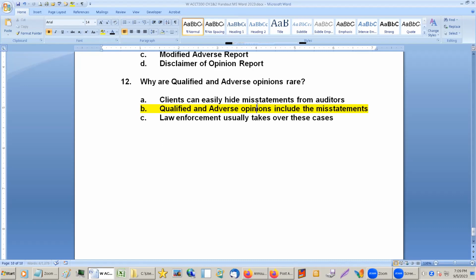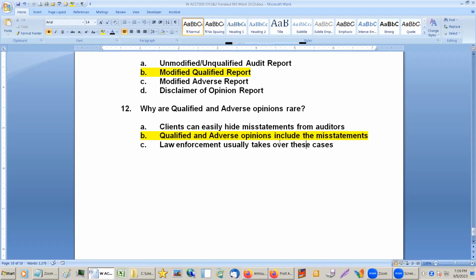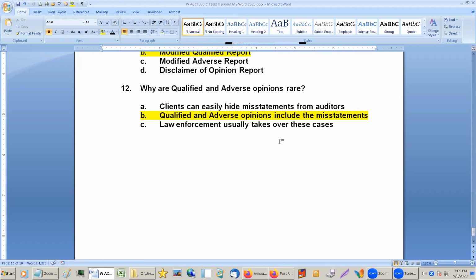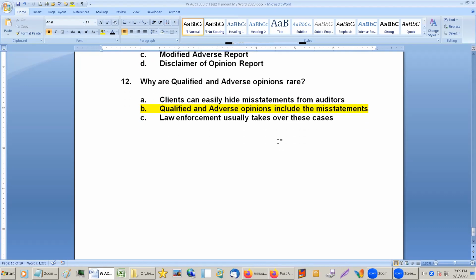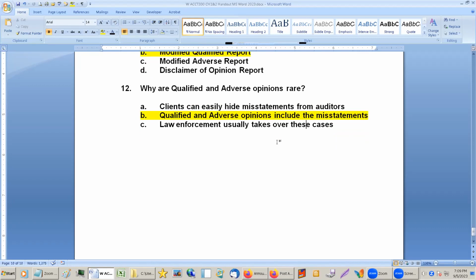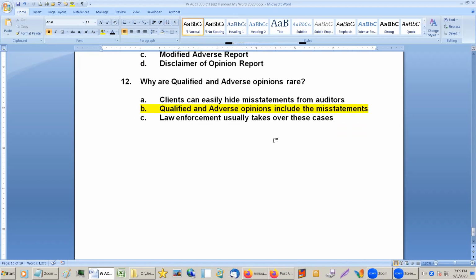They include the misstatements in the reports, so clients change their financial statements to avoid getting a qualified opinion.